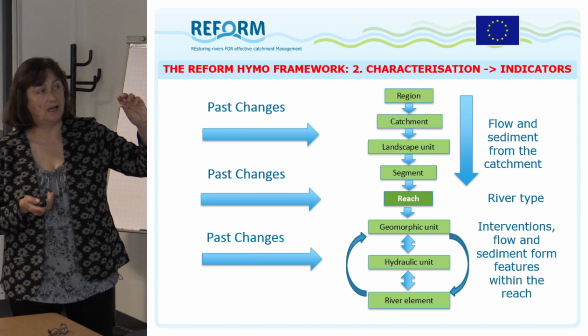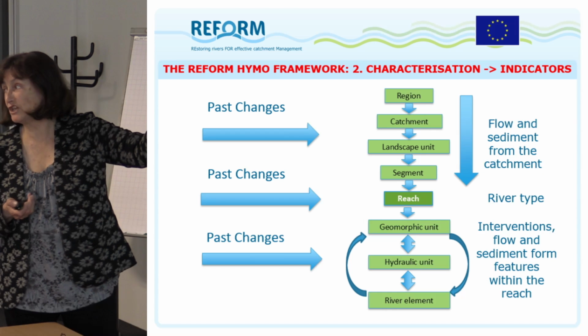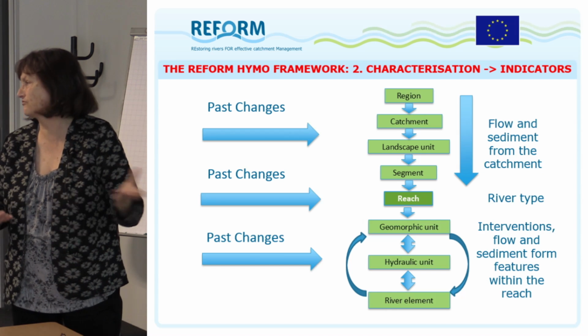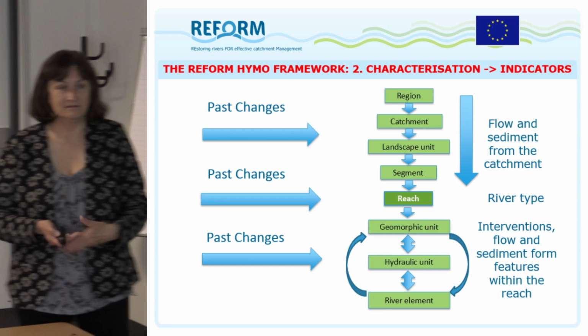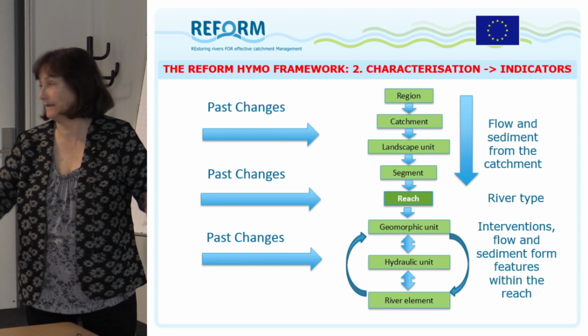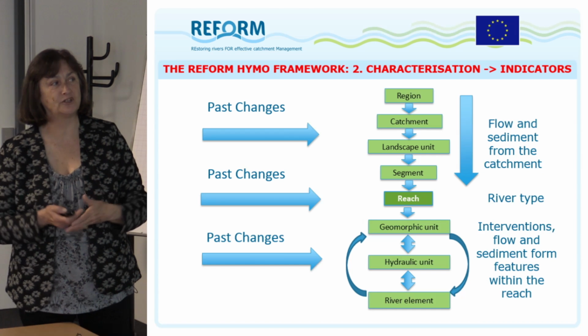We then characterise those reaches in terms of the smaller units within them, the features that are there, things like pools, riffles, terraces and so on. We look beyond the river to the whole floodplain and we pull together this information within the reach.